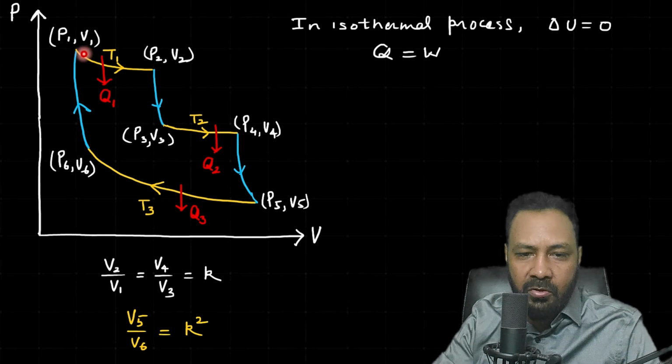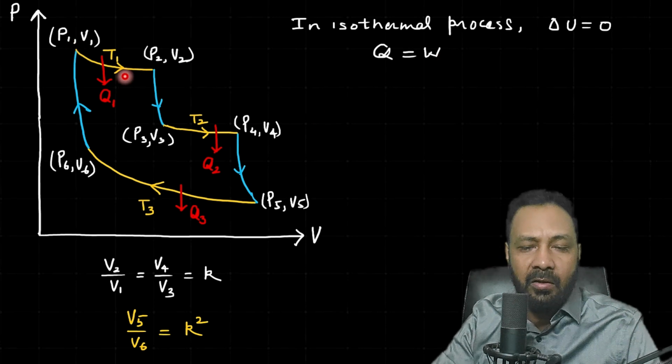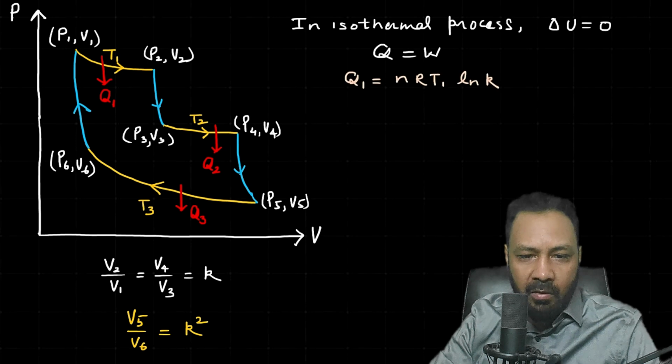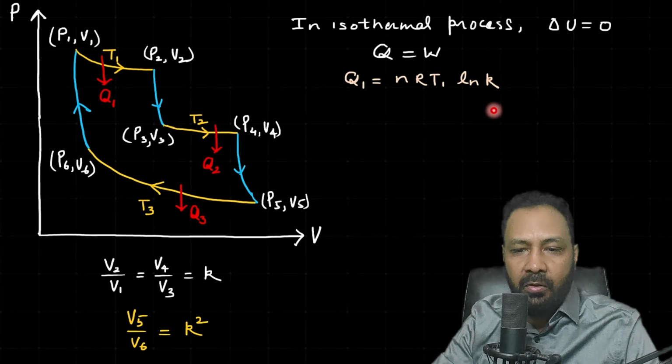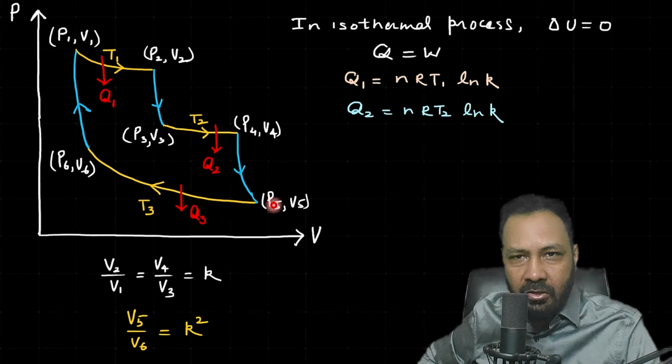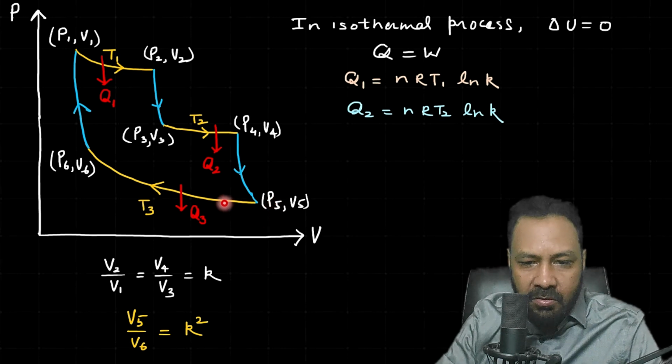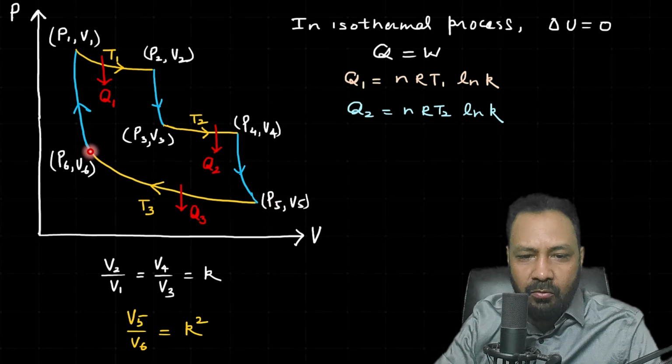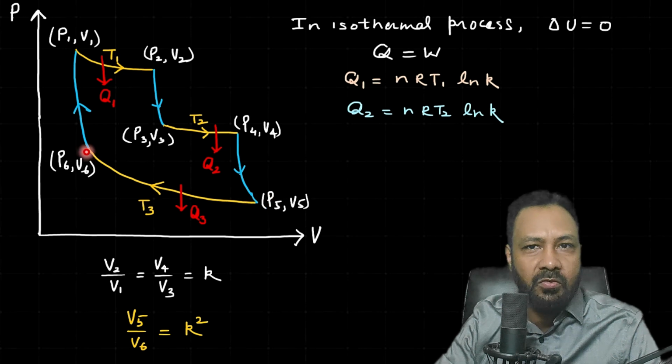So from here to here, temperature is T1 and the volume expansion ratio is K. So Q1 on this part is equal to nRT1 ln K. Similarly here, this is an isotherm at temperature T2, and the volume expansion ratio is also K. So here Q2 is equal to nRT2 ln K. And in this part, it is an isotherm at temperature T3, and V5 by V6 is K square.